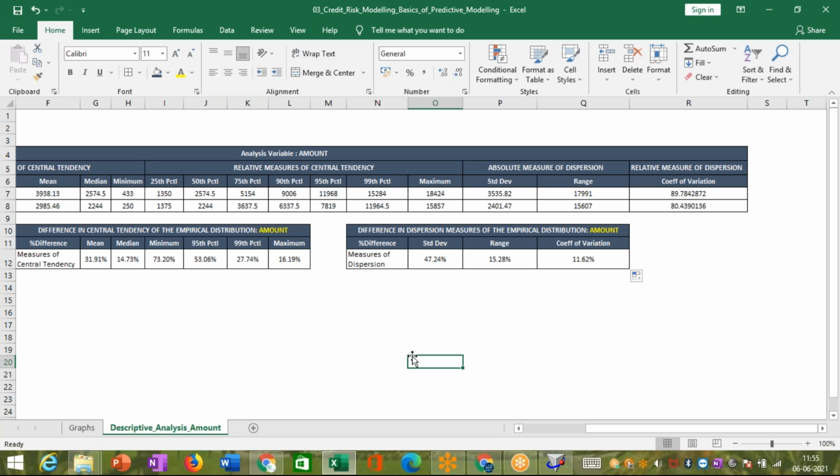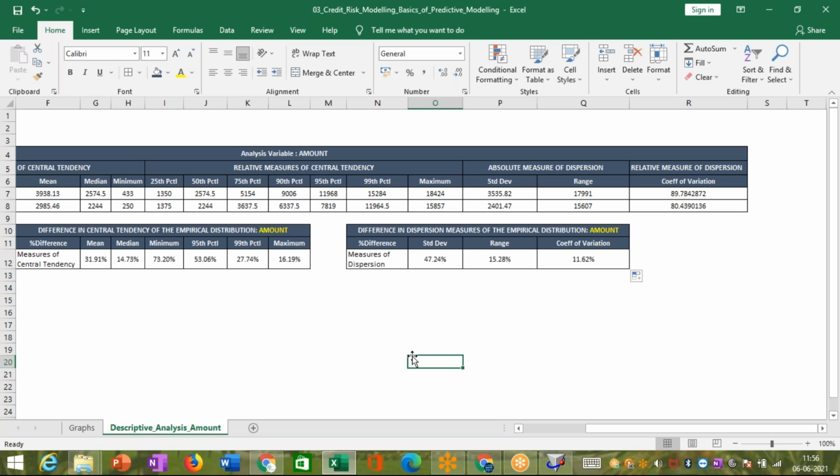Now, as Shiva had identified, this distribution has a mean which is higher than the median, so it is slightly biased towards the upper end values, and there is ample evidence in this case that there are some extreme tail end values. So one thing that we can safely conclude about this distribution from these descriptive measures is that it's a right-skewed distribution, because the mean is greater than the median, right?